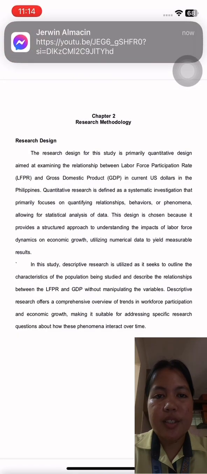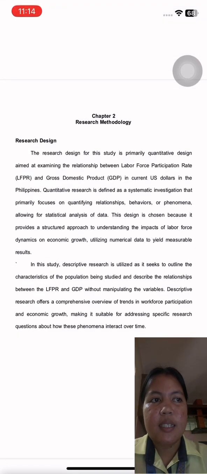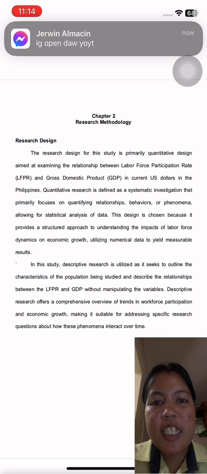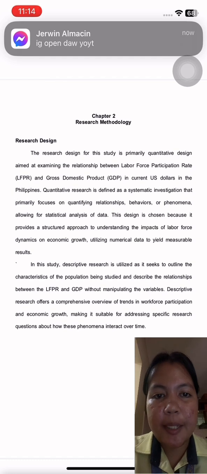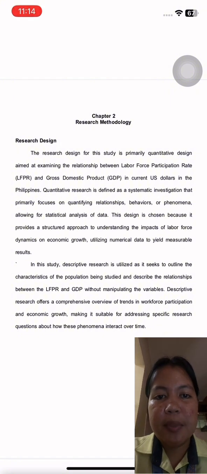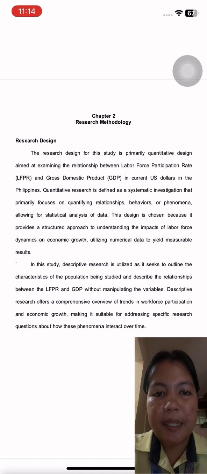So, research design. The research design for this study is primarily quantitative research aimed at examining the relationship between labor force participation rate (LFPR) and gross domestic product (GDP) in current US dollars in the Philippines.